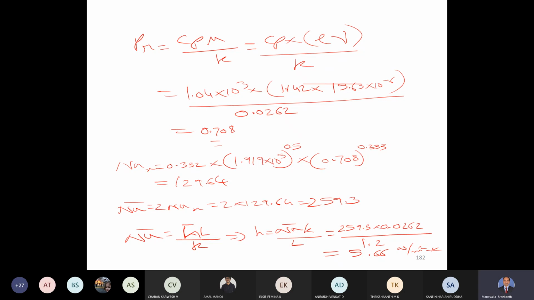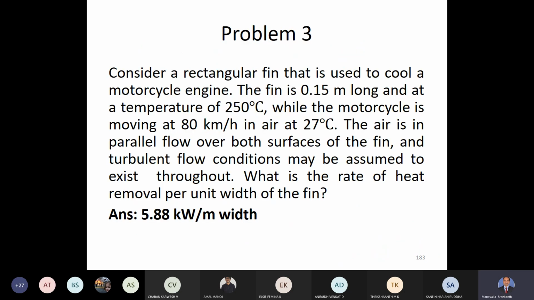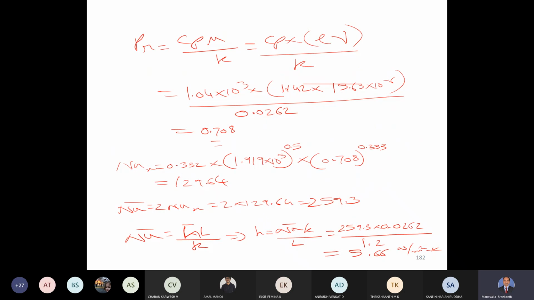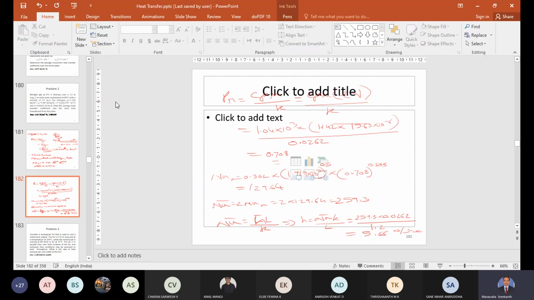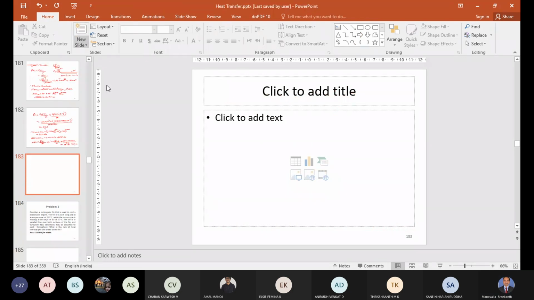Now we will have to find out what is the heat transfer. Q, the heat transfer rate, is equal to h A delta T. Depending on whether the fluid is flowing on both sides of the plate or one side of the plate, the thing can change.